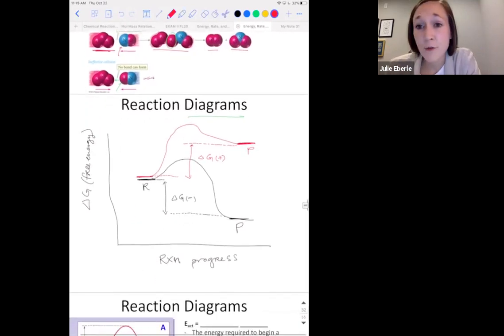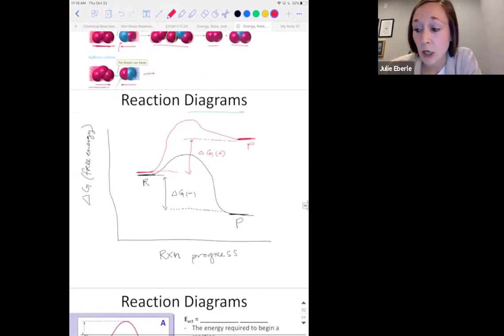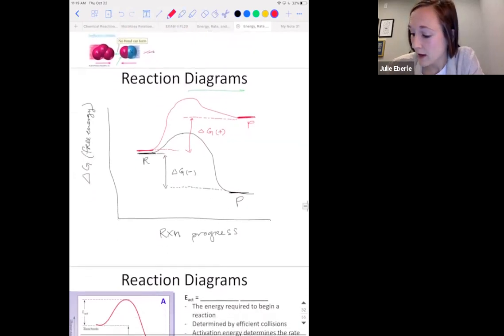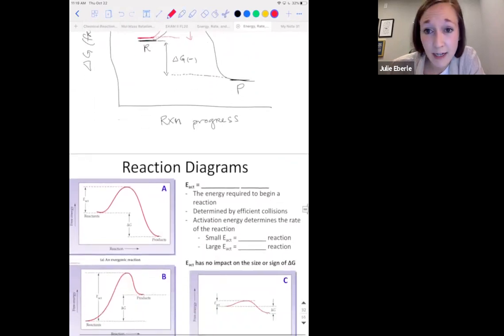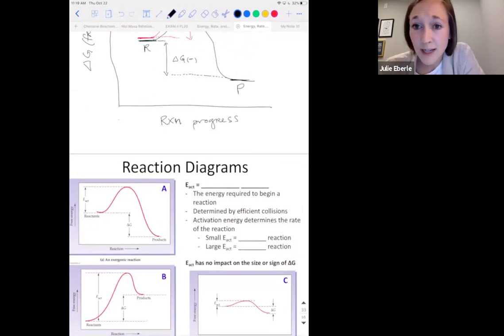All right, and then there's another thing we're going to introduce about reaction diagrams called activation energy, okay? That is the amount of energy that you have to clear. That's the peak that we drew, all right? If we look, the next slide has 3 different kinds of reaction diagrams drawn out. And to further understand the rate of a reaction, how fast it will go, it all depends on the activation energy, okay?